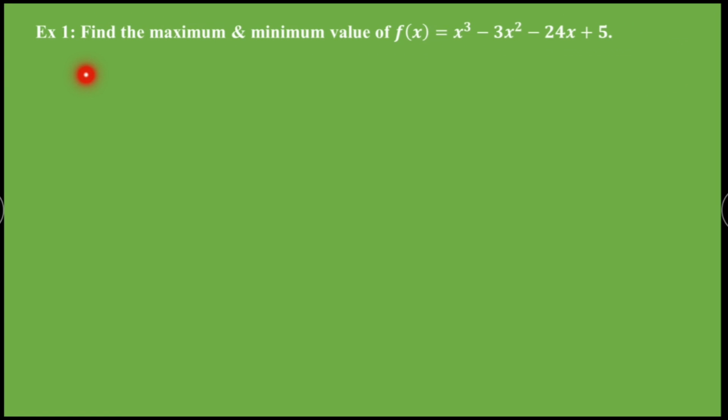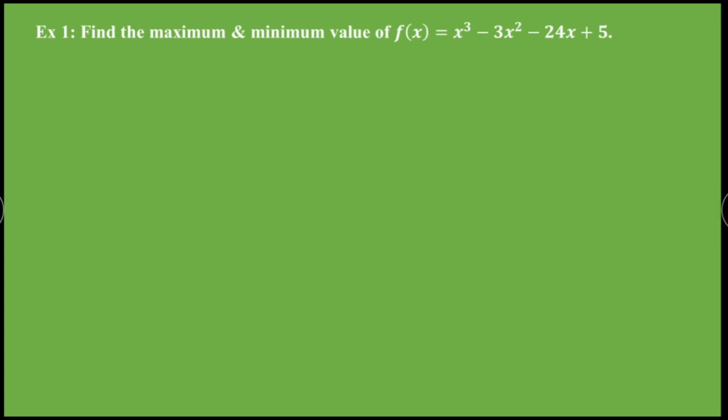Now see, the concept will be clear with the help of this first example. Find the maximum and minimum value of f(x) equals x cube minus 3x square minus 24x plus 5. So we solve this example with the help of the second derivative test.